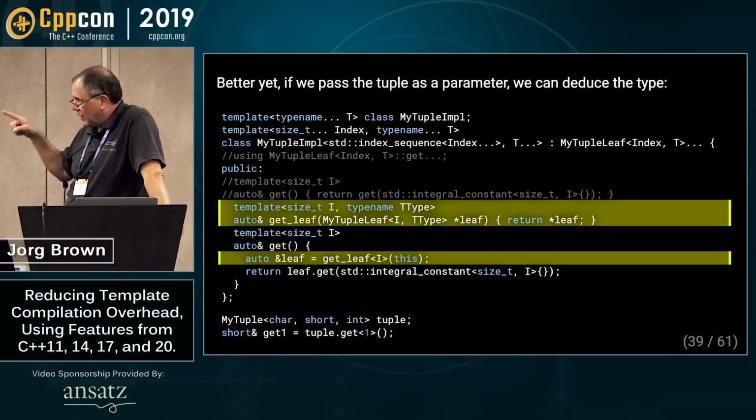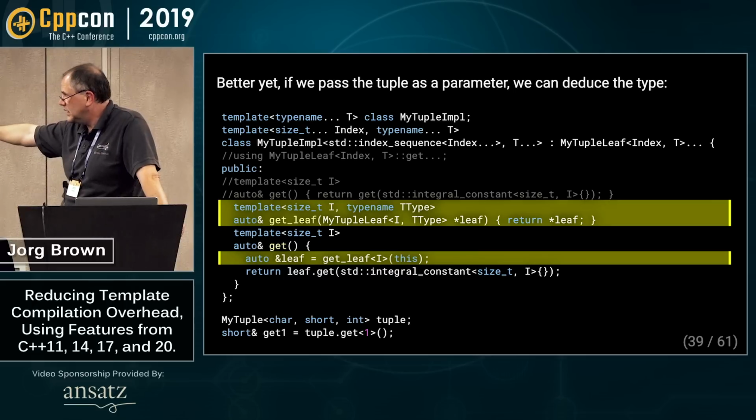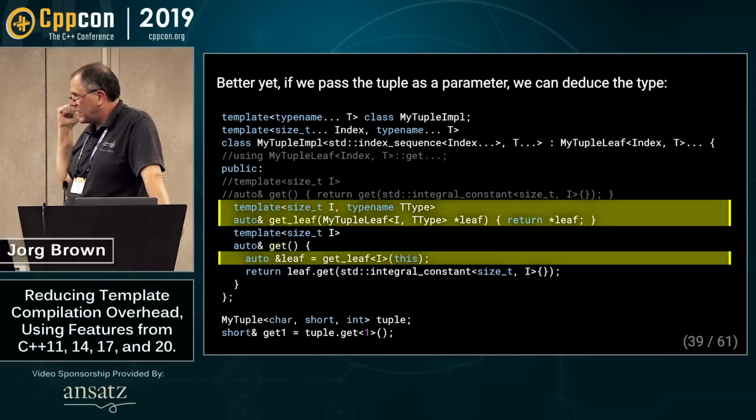And so in this case, we have the function get, and the first thing we'll do in order to calculate which leaf is we'll call this function getLeaf, templated on I, and then getLeaf will look at this coming in and say, well, okay, this is a mytuple, that doesn't correspond, but this inherits from a lot of mytuple leaves, and one of those mytuple leaves has a particular index, and then it can deduce what the t-type is, return the appropriate leaf back, and then get works.